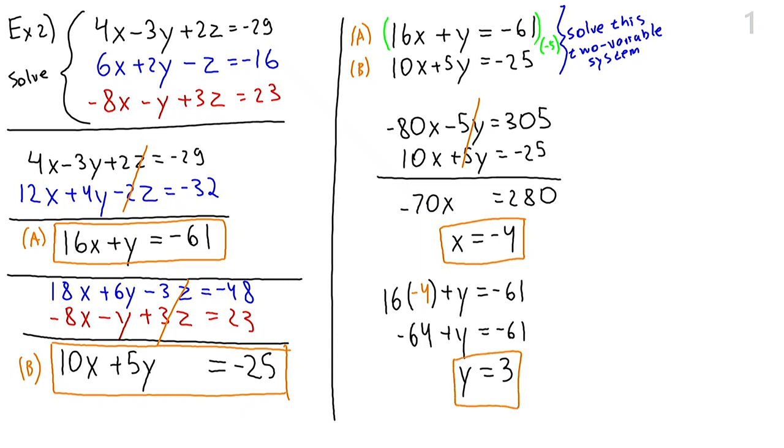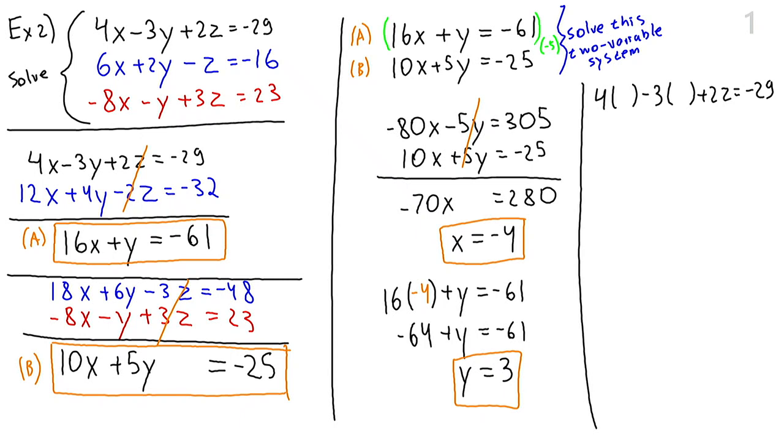And now I use any equation with x, y, and z to figure out the z. So let me use the first one. I have 4 times x minus 3 times y plus 2z equals -29.